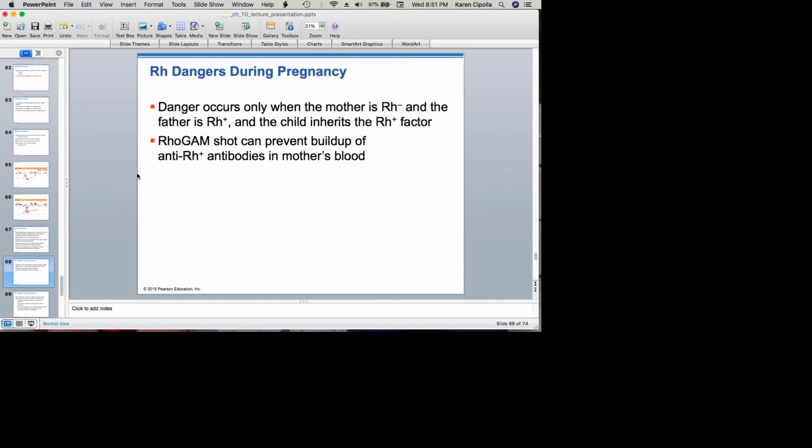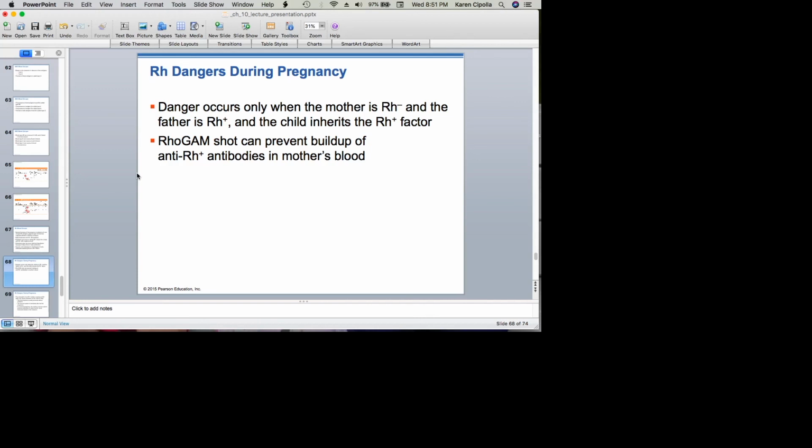You see this in pregnancy, and it's only an issue when the mother is Rh negative and the father is Rh positive, because Rh positive is a genetically dominant trait, so the child may possibly inherit the Rh positive factor. When the mother gives birth, the first child that is Rh positive is not an issue.